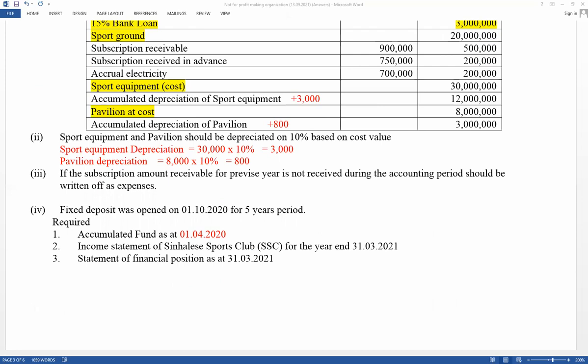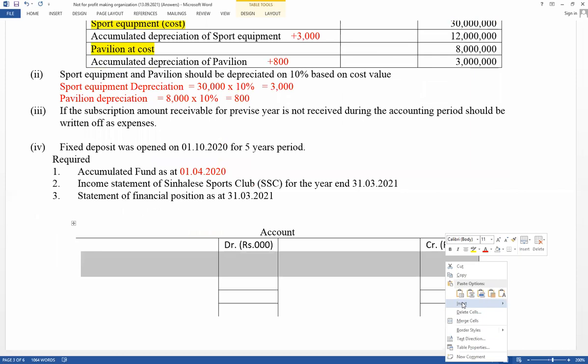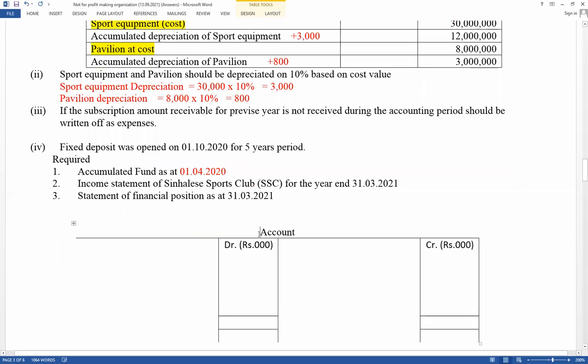Here, the subscription account. First, take the opening and closing balance. It has given in additional first one, the opening and closing balances.